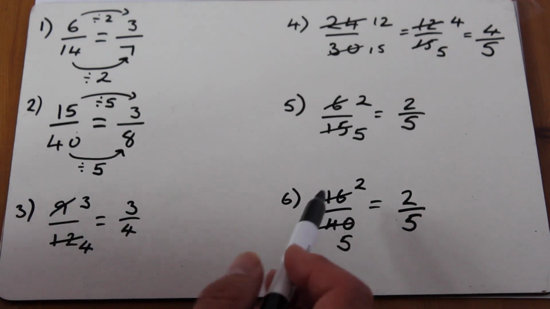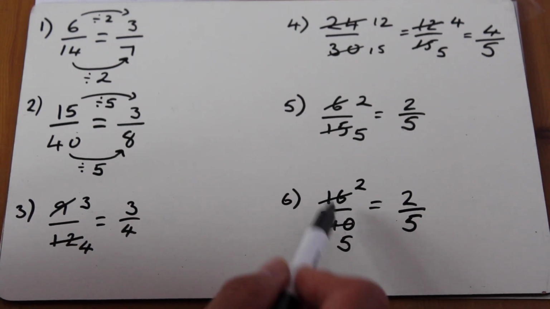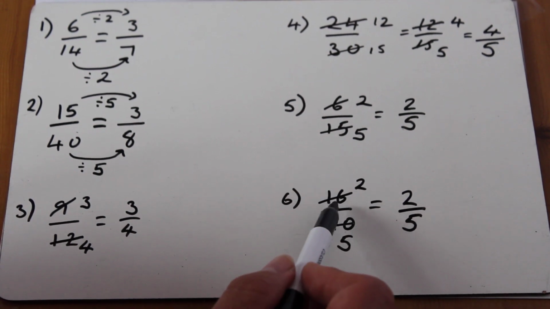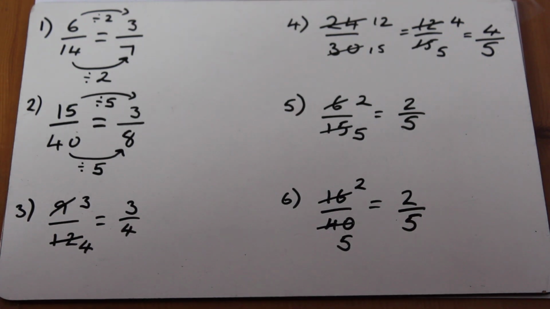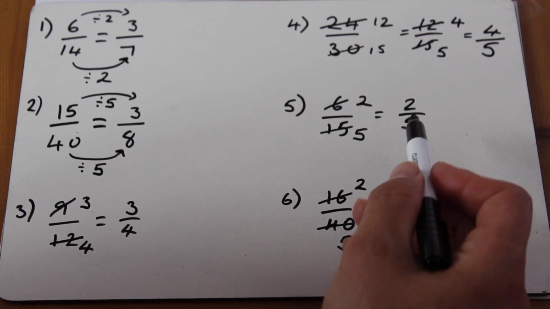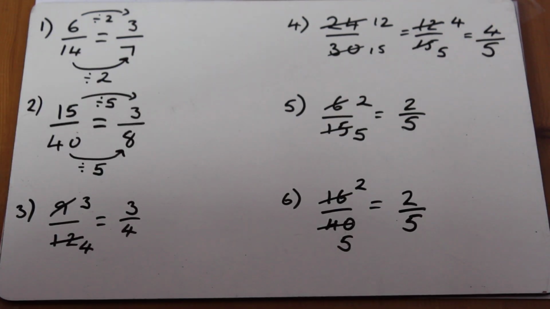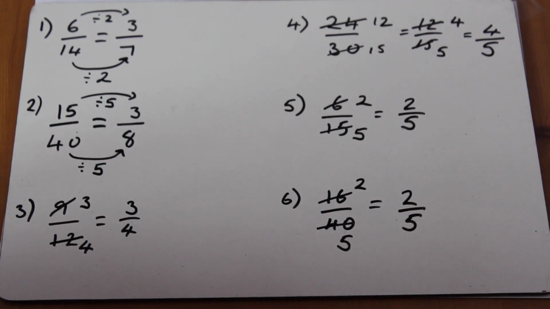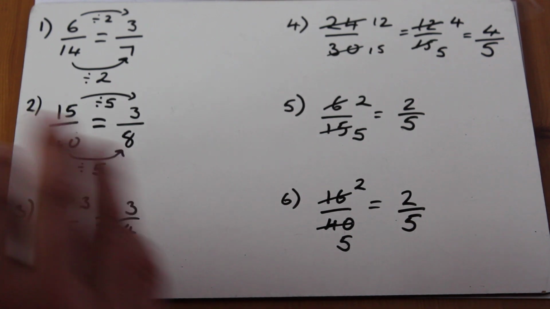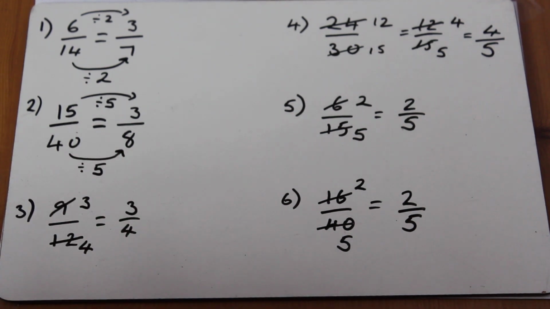Now, if I hadn't spotted that 8 goes into both of those, I could divide it by 2 and then divide it by 4. But the aim is to always try and get your answer in its lowest terms. So when you think you've got the answer, just double check carefully to make sure that it can't be simplified. Because if you're asked in an exam to write it in its lowest terms and you don't, you'll get it marked wrong. Okay, so this is how you simplify fractions.